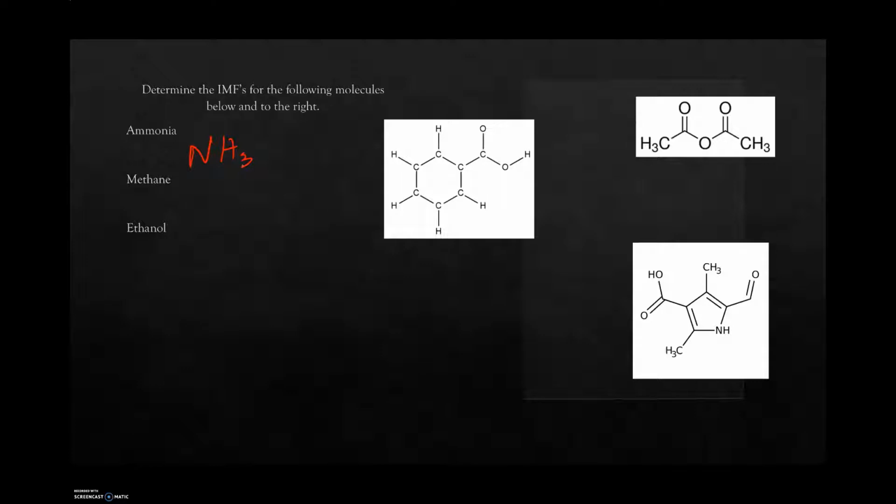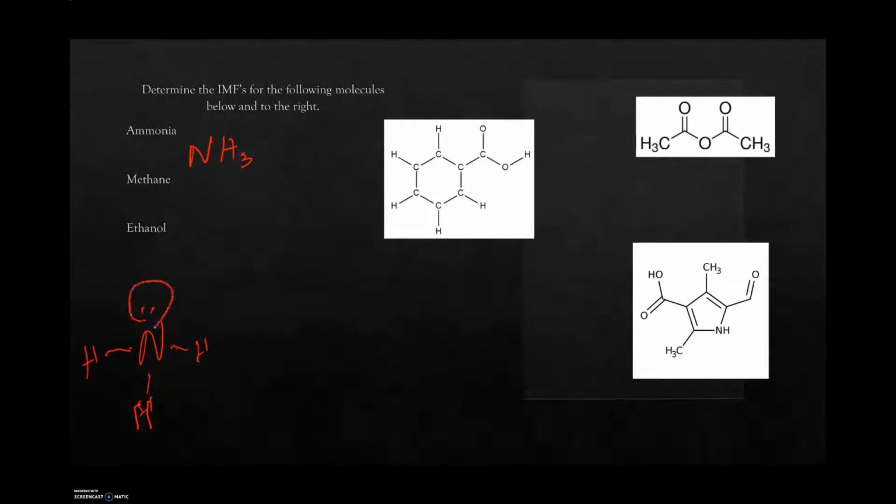Now, drawing a Lewis structure for ammonia, we're going to have nitrogen in the middle, and we have 5 valence electrons around the nitrogen, and then we're going to have your hydrogen attached to the nitrogen with a single bond. So that is the first thing we got to do.